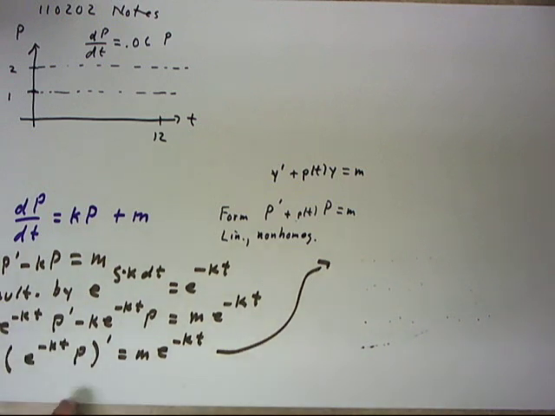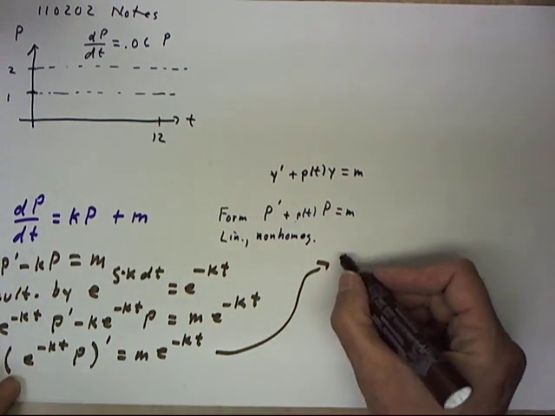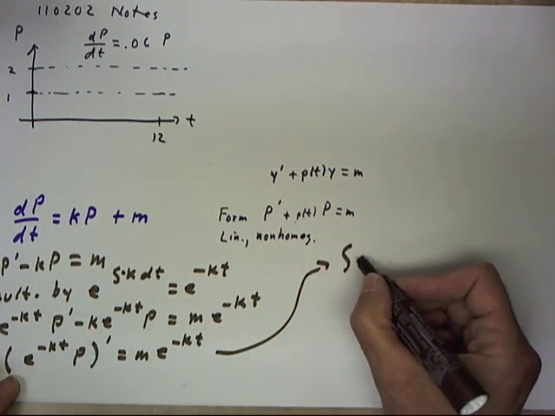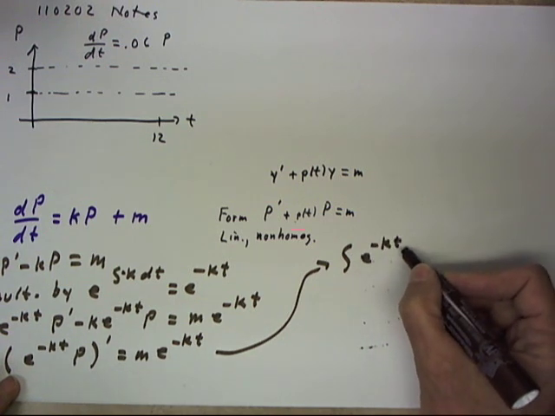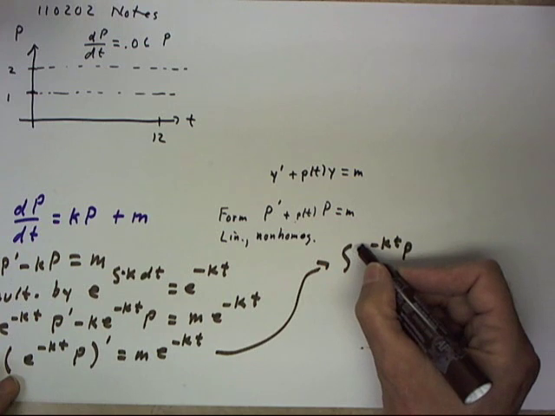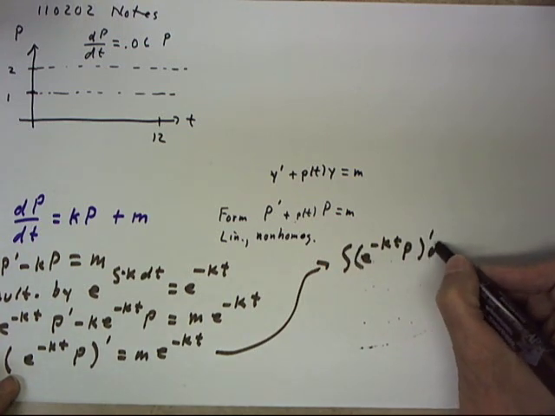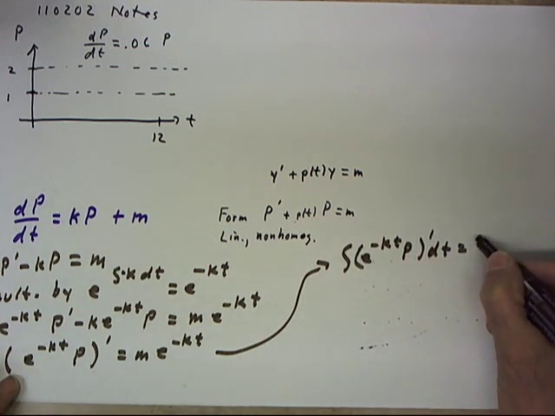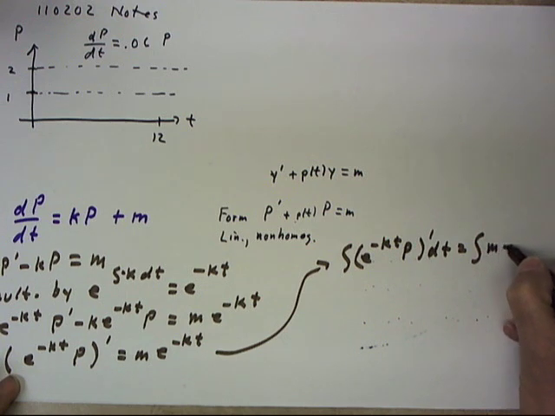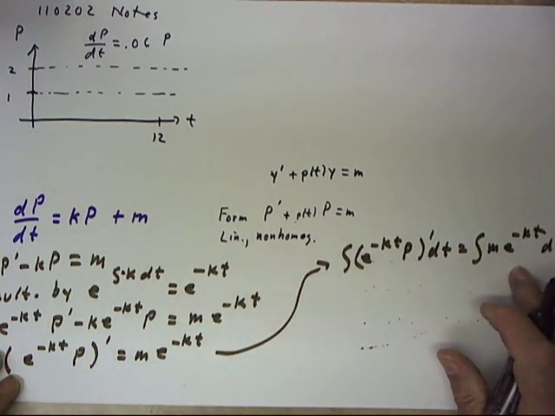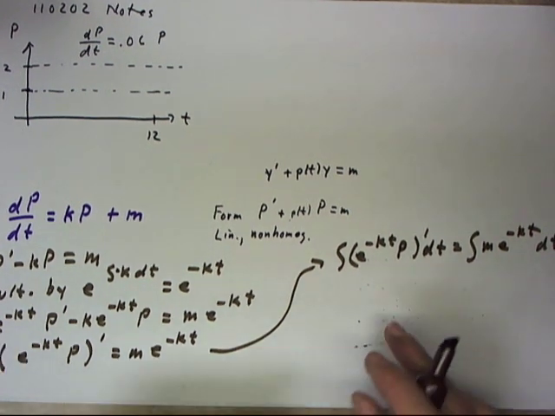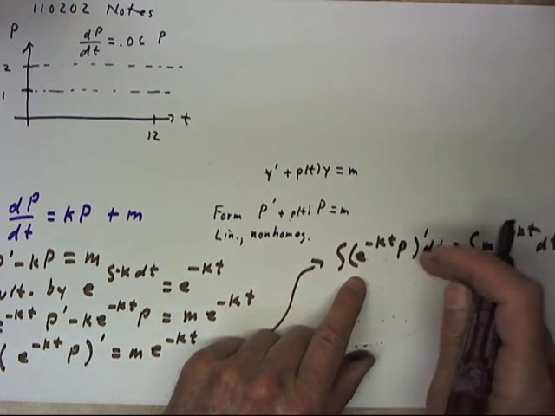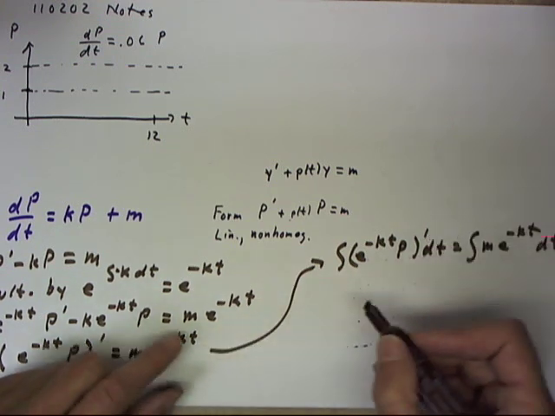Continuing the solution, if we integrate both sides, and I'll write out the integral just to reinforce the idea, the integral of the derivative of e^(-kt) P with respect to t equals the integral of M e^(-kt) with respect to t. And we can see that we've lucked out. We've got an easy integral on this side, and of course this integral is even easier because we're taking the integral of a derivative.